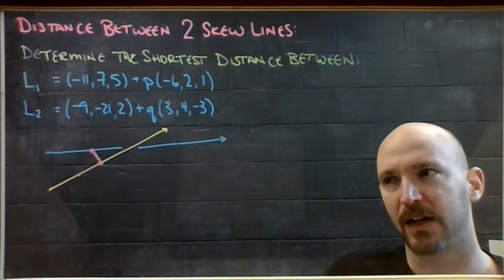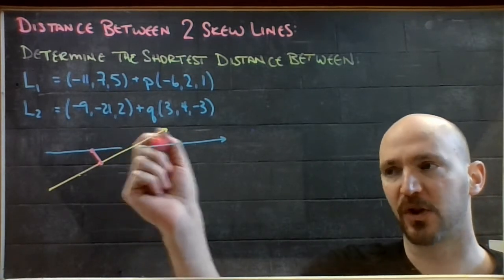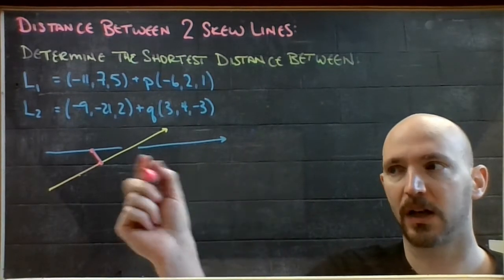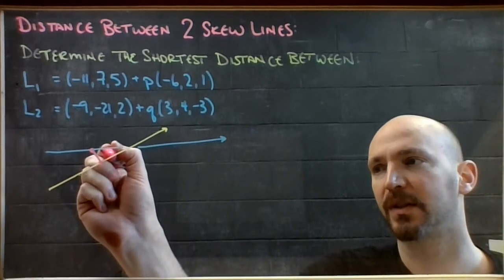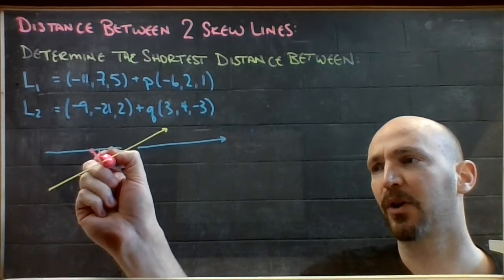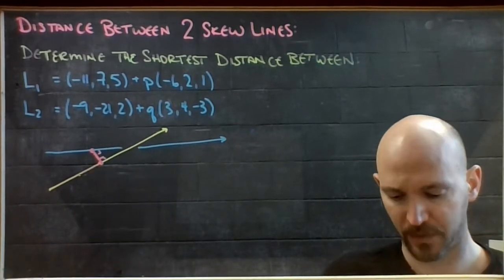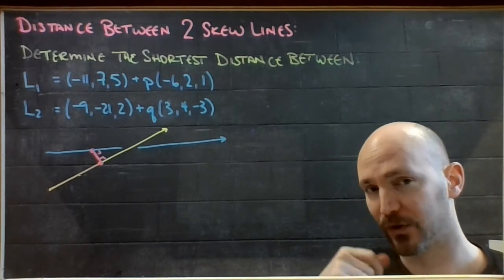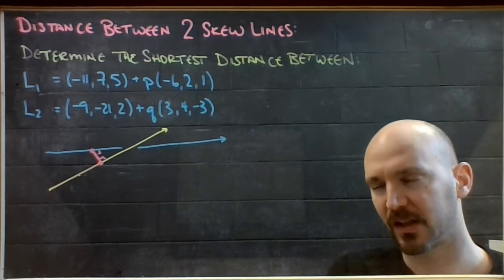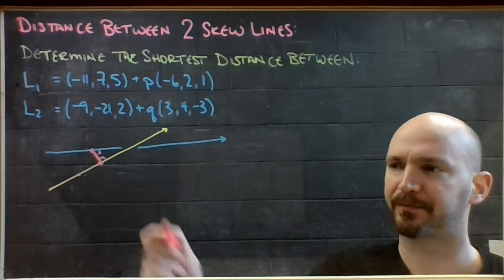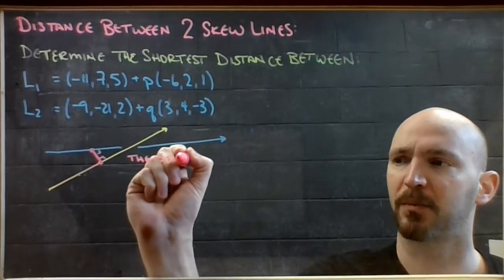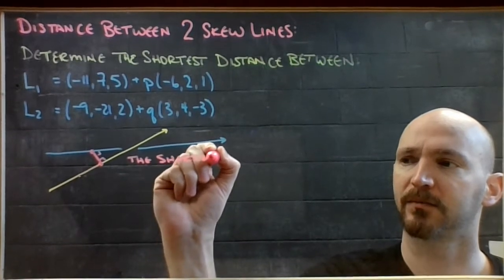So the catch is that just like finding the distance from a dot to a line, the path of shortest travel is perpendicular to both of those lines. So you have to sort of visualize that. So if I make note of that, the shortest path is perpendicular to both lines.